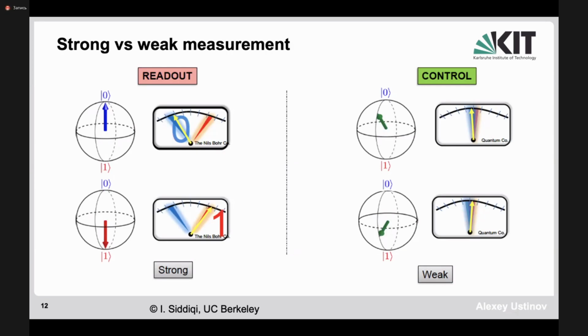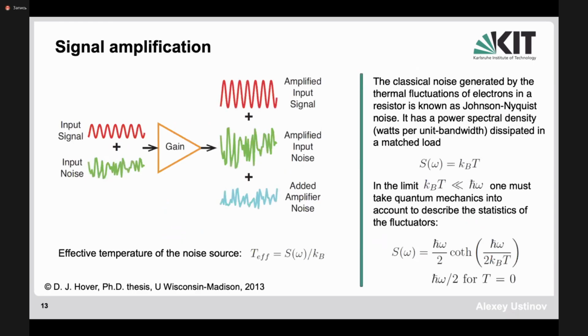And there is also a weak measurement, which gives useful information about the qubit, but does not make the qubit fully collapse. These are techniques used in different types of experiments, and both are validated and work very well with superconducting qubits. Now let's talk a little bit about amplification of the signal.